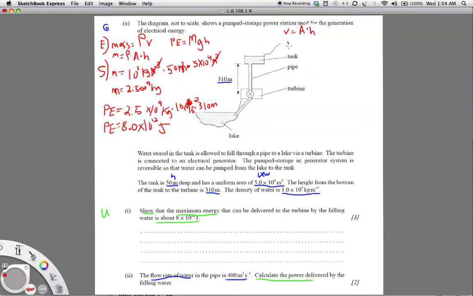V equals 5 times 10 to the 4th meters squared, times 310 meters.